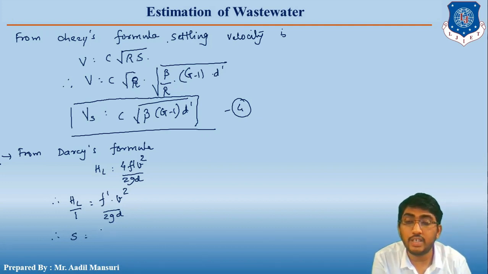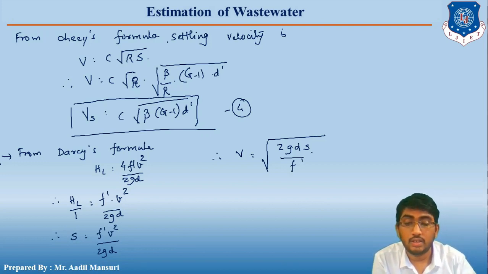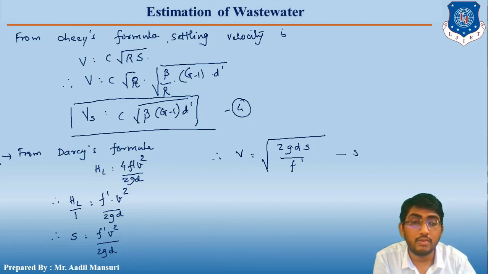So S will be equal to F dash V square upon 2GD, and making V the subject of the formula, V will be equal to under root 2GDS upon F dash, right? Name this equation number 5.